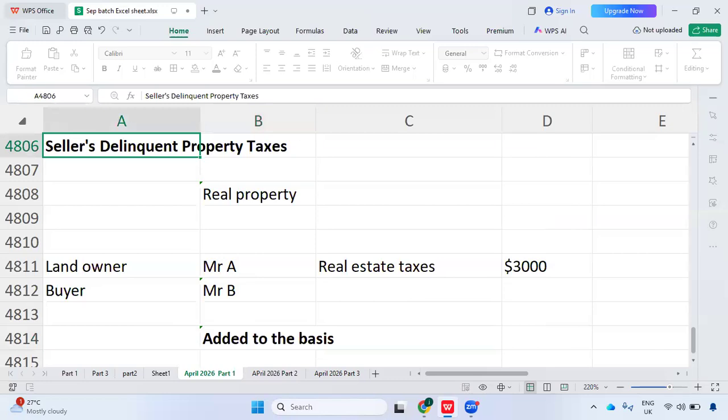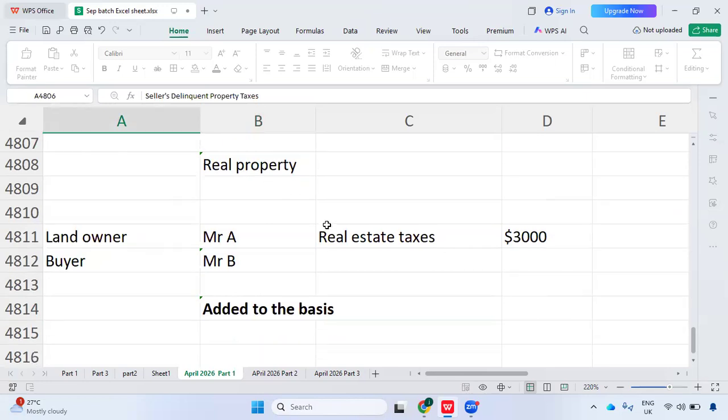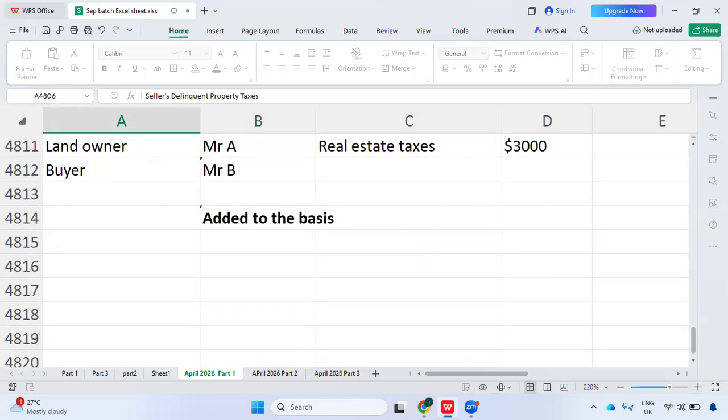Because to complete the sale transaction, either the landowner should pay or the buyer should pay. The seller is not in a situation to pay, so the buyer is paying the seller's delinquent property taxes, so those will be added to the basis, right?